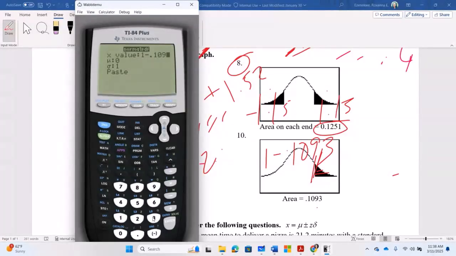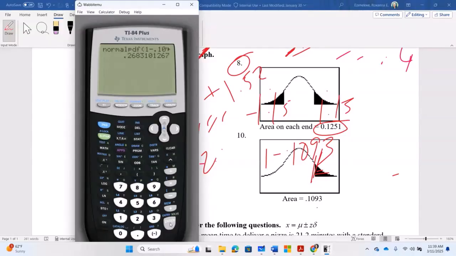So what I'm going to get is, all right, 1 minus 0.1093. When I arrow down, I get past, and so now I found the Z value.